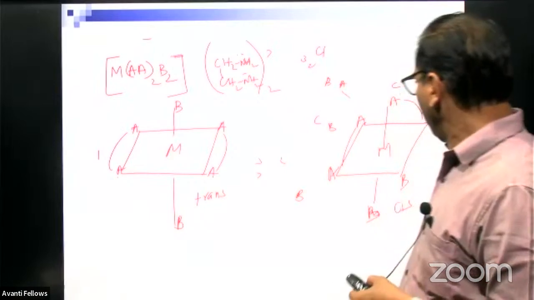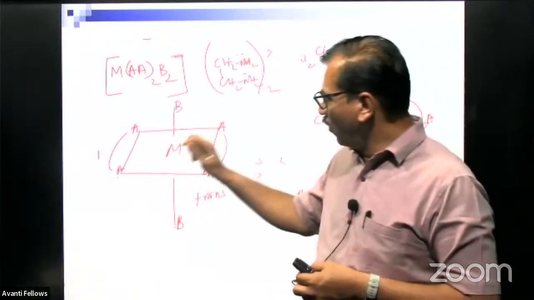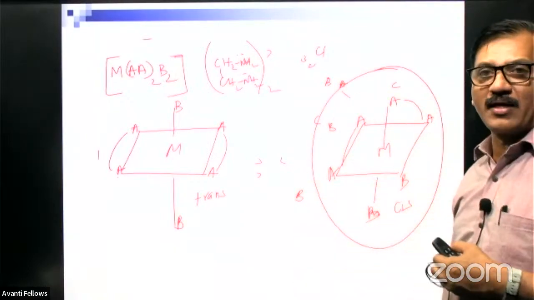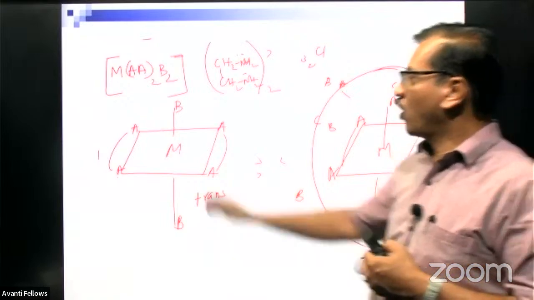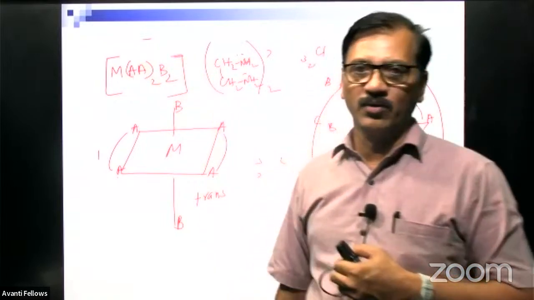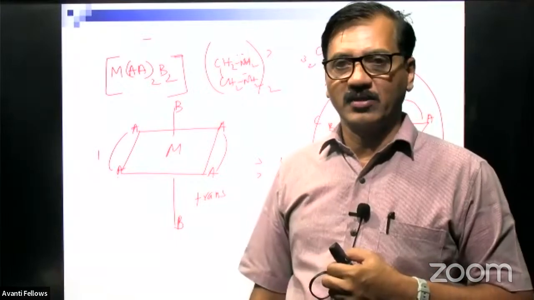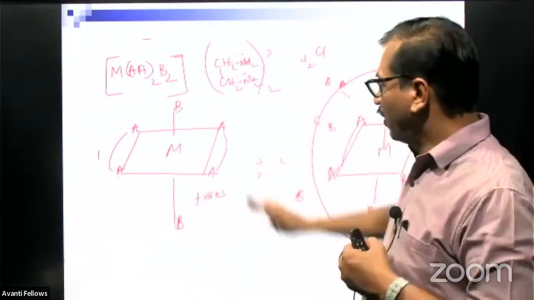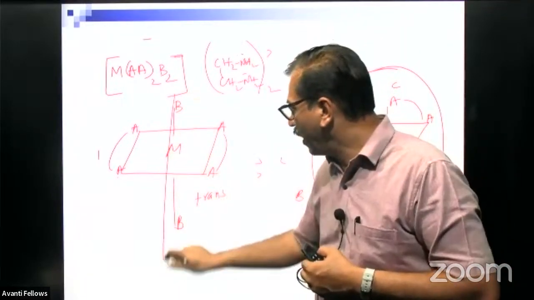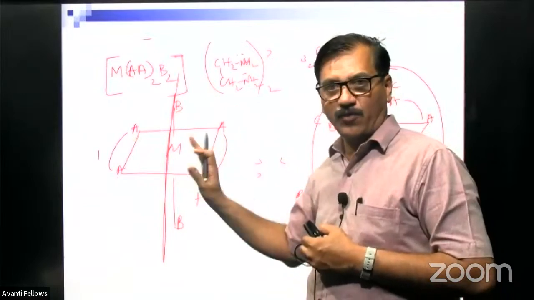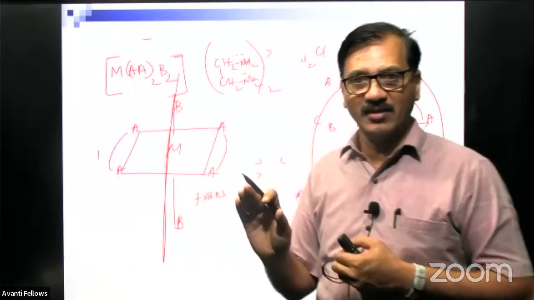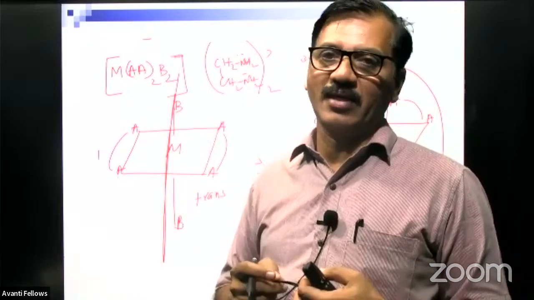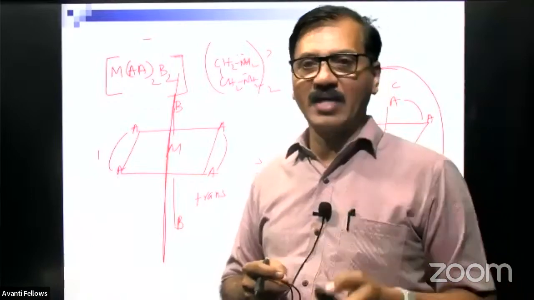Now, out of these two, the cis form is showing optical isomerism. The cis form of MAA2B2 will give optical isomerism, which means it has non-superimposable mirror images. But the trans form has a line of symmetry, so it is symmetrical along this line. Therefore, the trans form is not optically active, but the cis form is optically active.